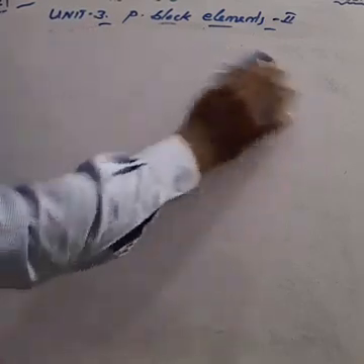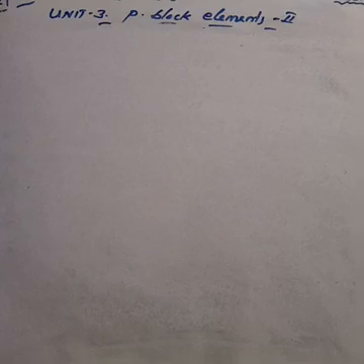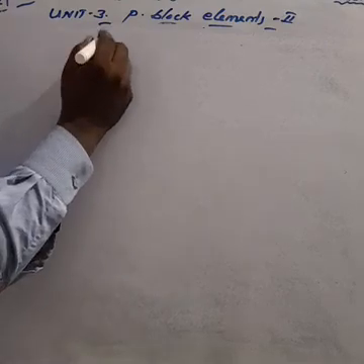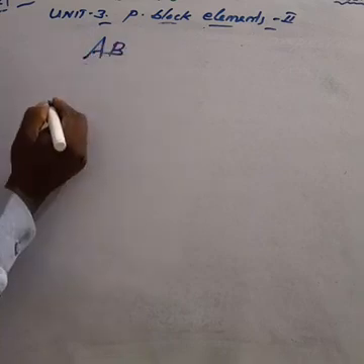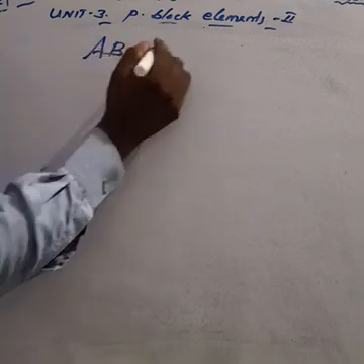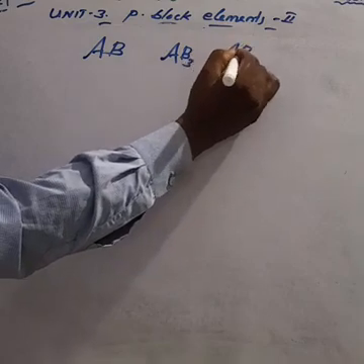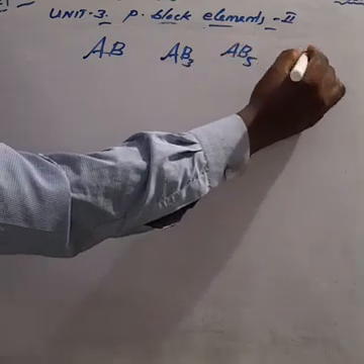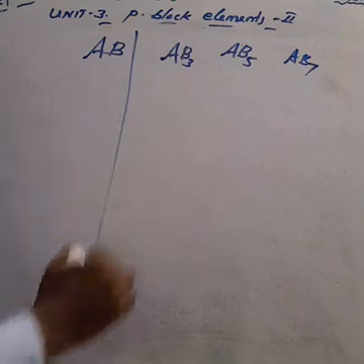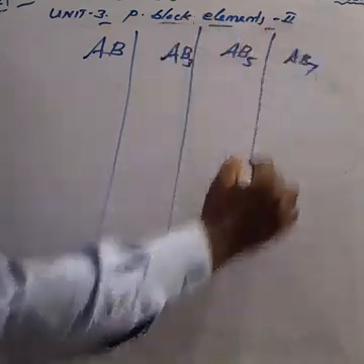Here we have 4 types of interhalogen compounds: AB type, AB3 type, AB5 type, and AB7 type.